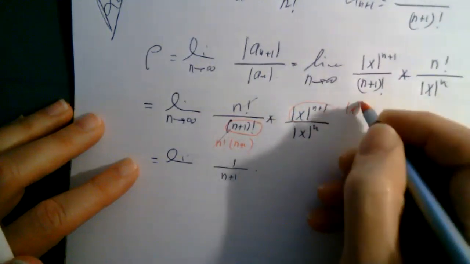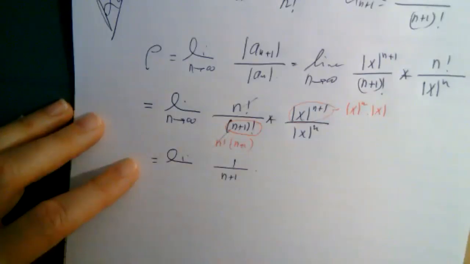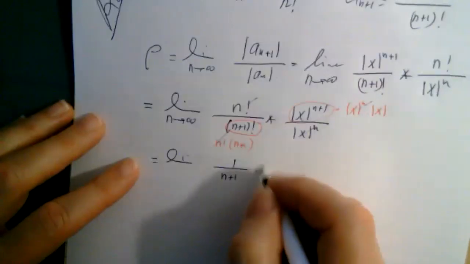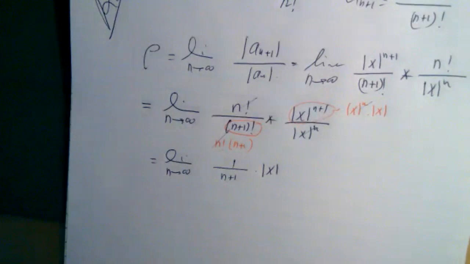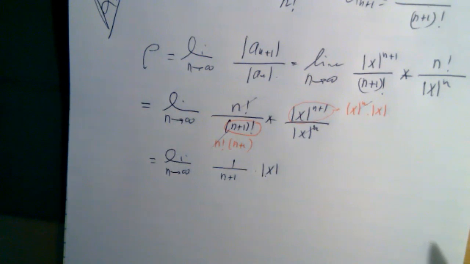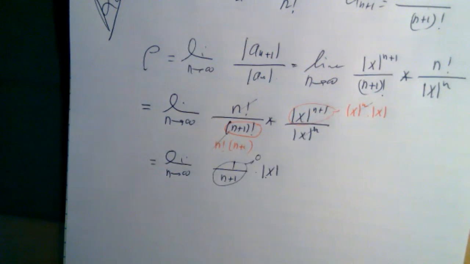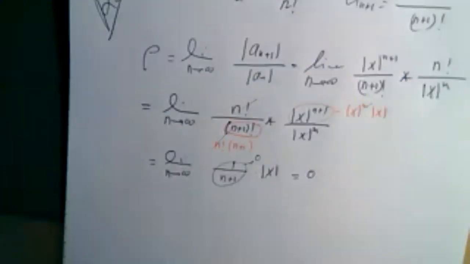I can split it into absolute x to the power n times absolute x. Again, those will go away, and I will have the absolute value of x. Now, what's the limit of that as n goes to infinity? x is a number. As n goes to infinity, this is going to go to 0. 0 times absolute x is 0.